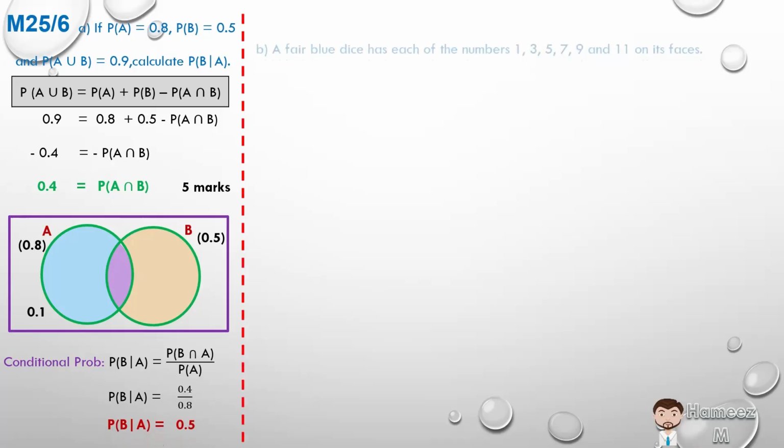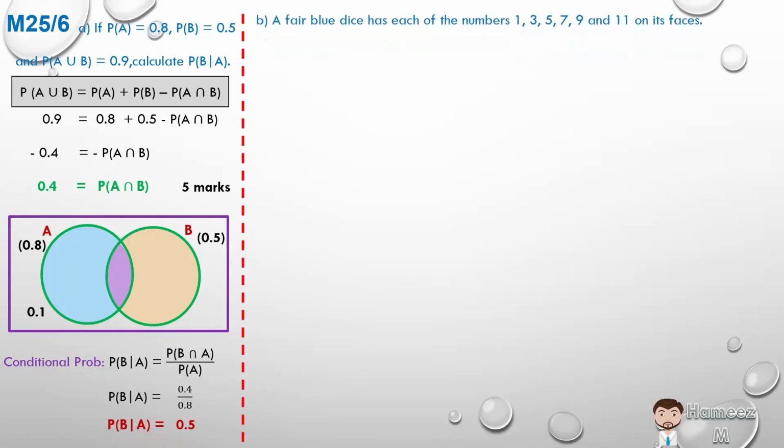Let's move on. We've just completed part A. Let's go into part B. A fair blue dice has each of the numbers 1, 3, 5, 7, 9, and 11 on its faces. So it means it has 6 numbers, and it's not the traditional numbers that we're accustomed to.